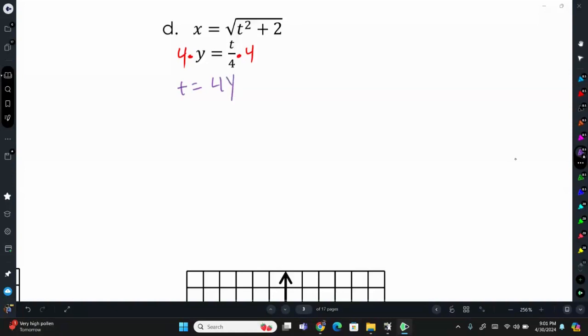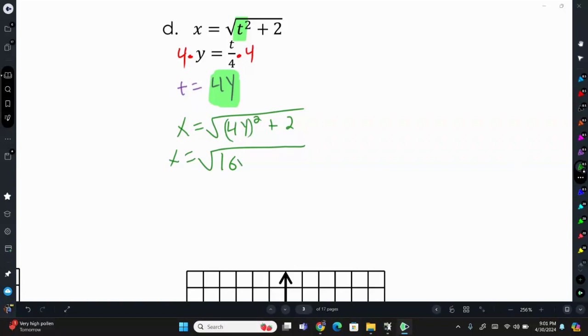Now we can substitute that into the x one. So then we have x is equal to the square root of (4y) squared plus 2. So x is equal to the square root of 16y squared plus 2. And because there's that plus sign in the middle of that square root, we can't simplify it. So that's as far as we would go.